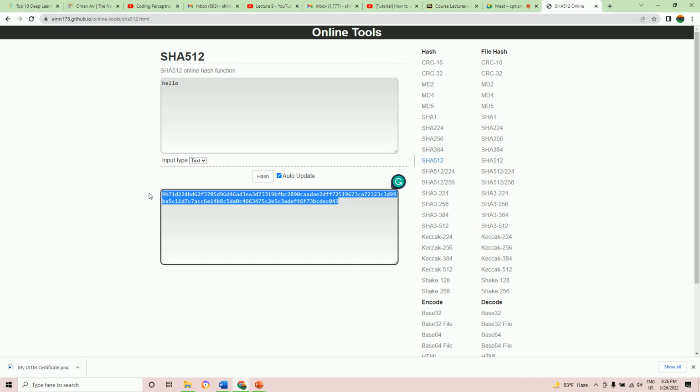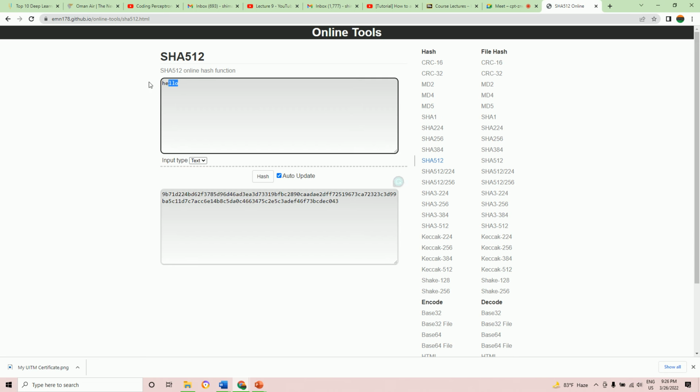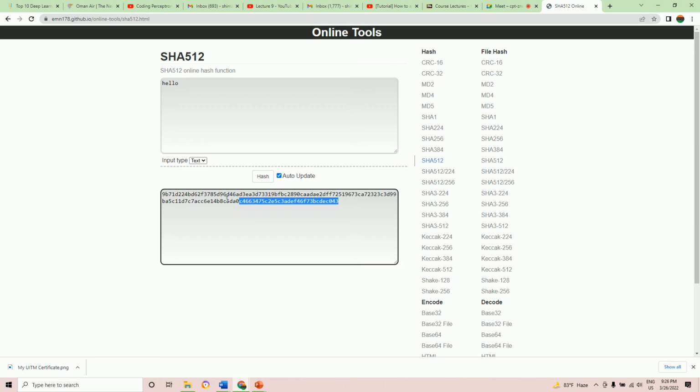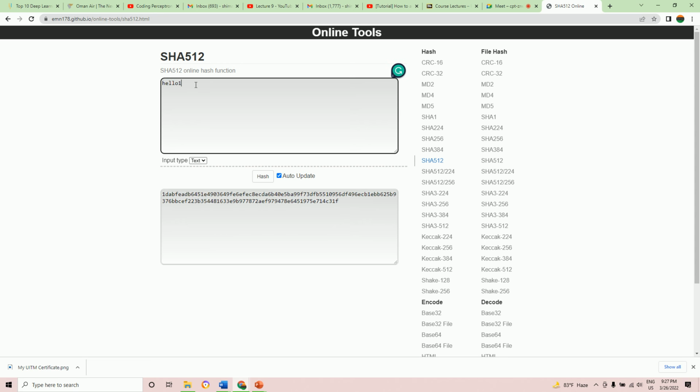The input can be any message, but you get a fixed size pseudo code. That is called a hash value. If you change the value here, then the hash value also changes. If you change it, you can see it is changing.